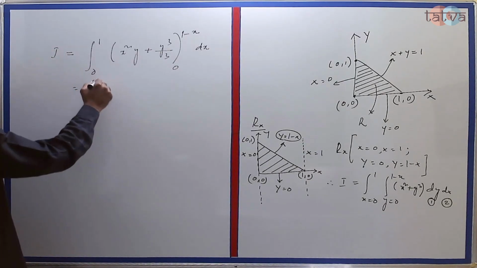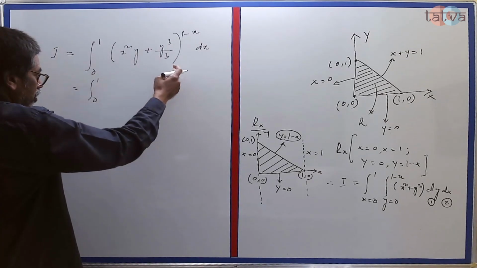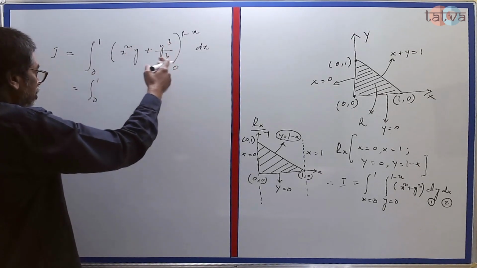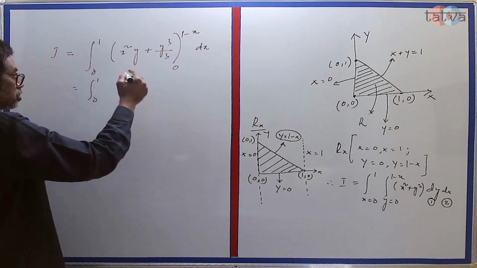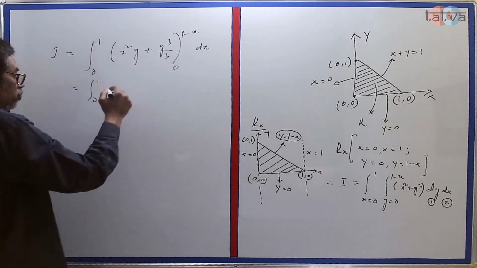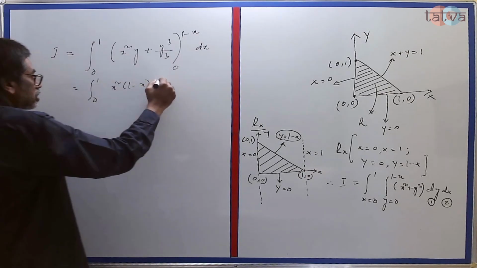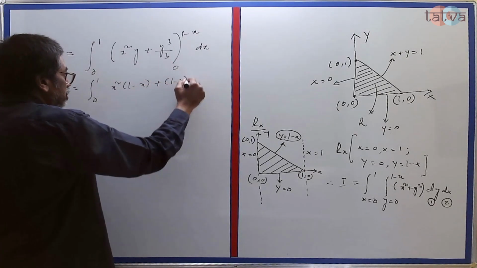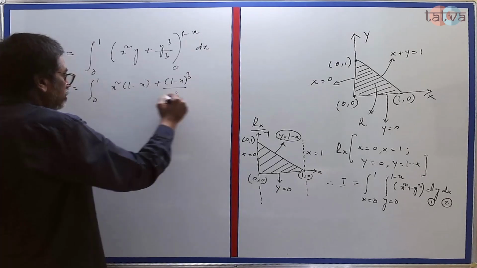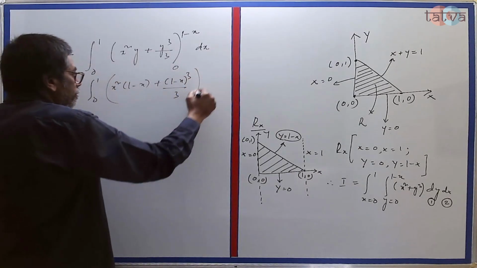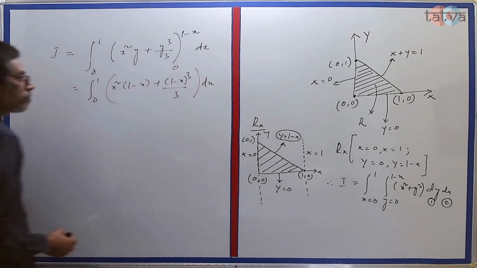So let us substitute the limits. The lower limit will not contribute anything, but when we substitute the upper limit 1 minus x for y, I get x squared into 1 minus x plus (1 minus x) whole cube divided by 3, dx.